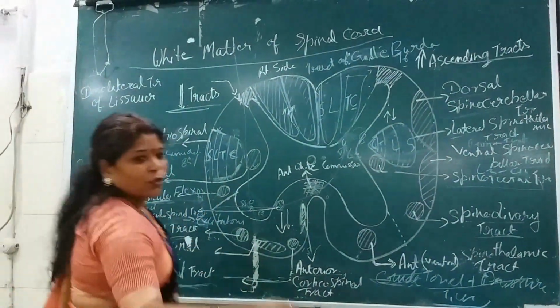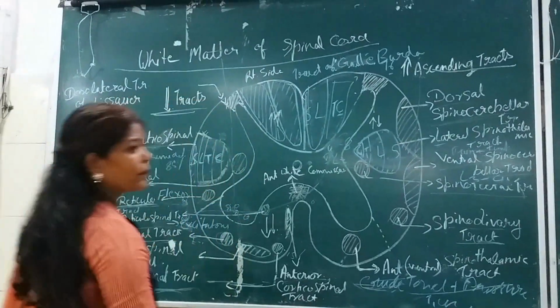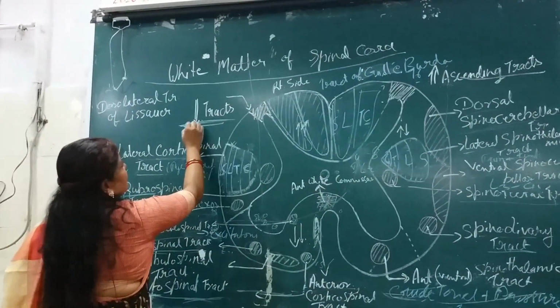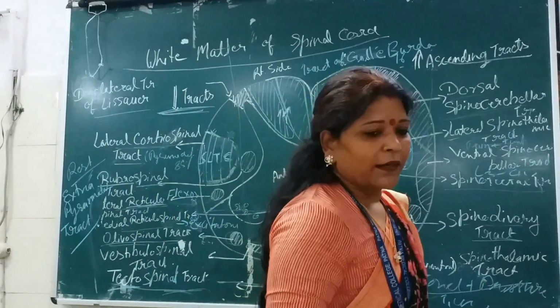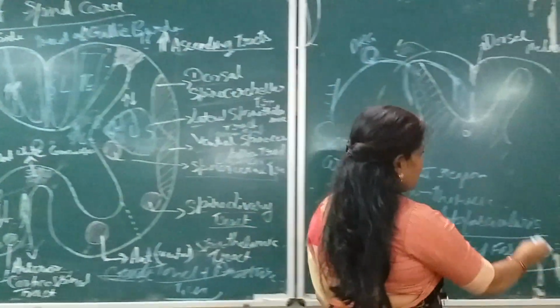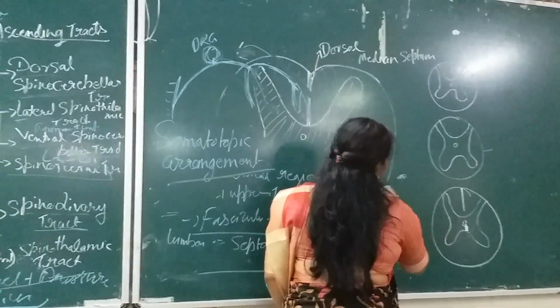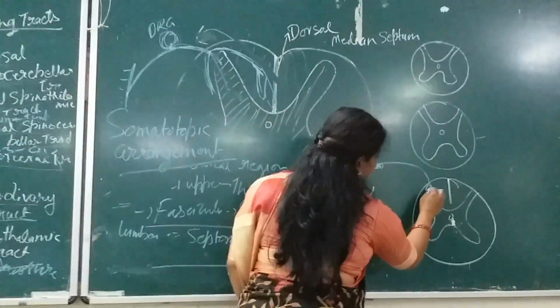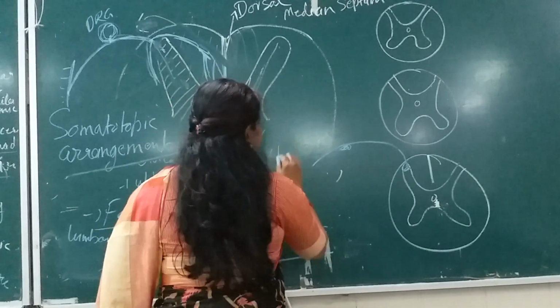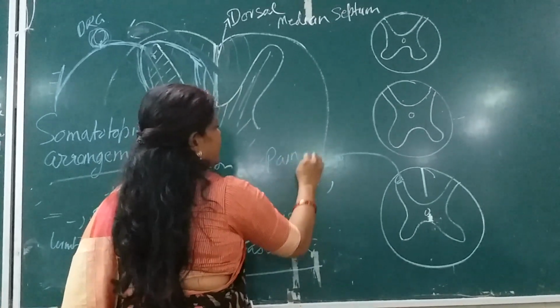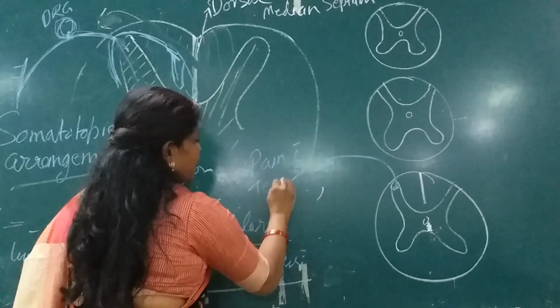Look here, the dorsolateral tract of Lissauer. It is nothing complicated. Look here. It is mainly involved in the pain and temperature pathway.